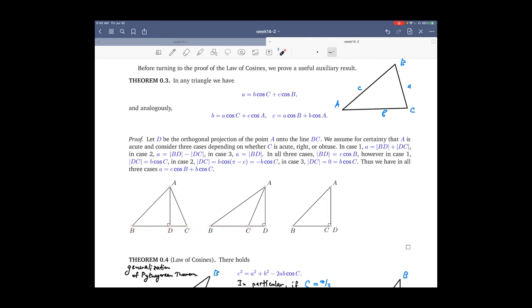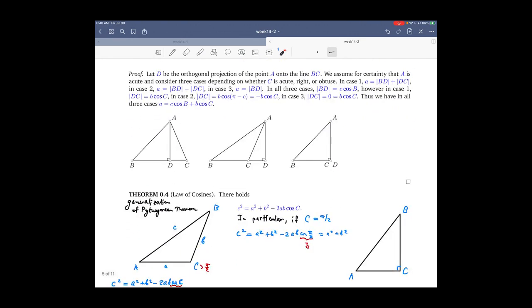We don't know whether angle C is acute, right, or obtuse, so we don't know whether point D, the projection of A onto BC, will be between B and C, outside the interval BC, like here, or will project exactly into the point C. But we do know that, say, in the first case, BC, which is a, clearly is BD plus DC.